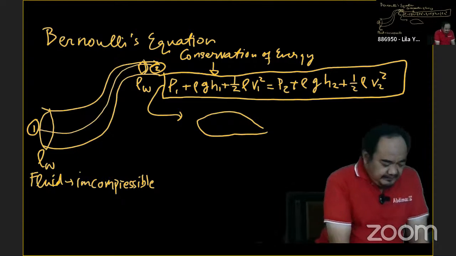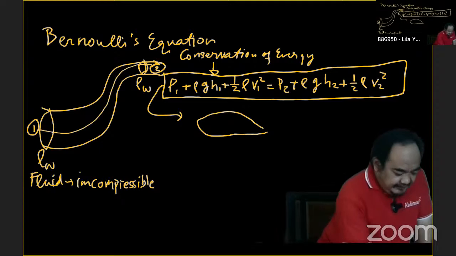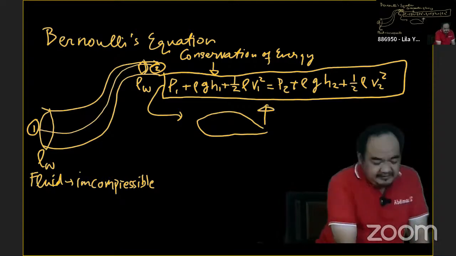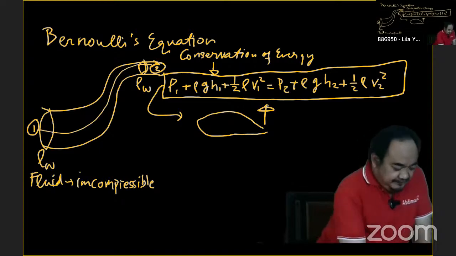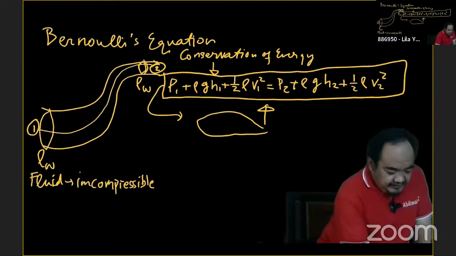To lift the plane, we have to design the wing to have the buoyance, gaya angkat. We can lift the plane if there is a buoyance to the top, or upward.